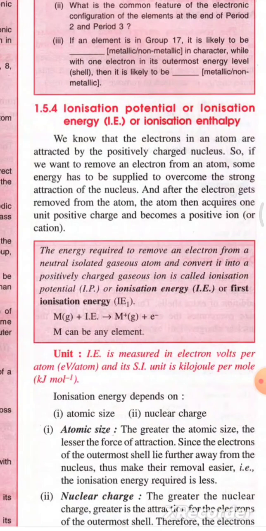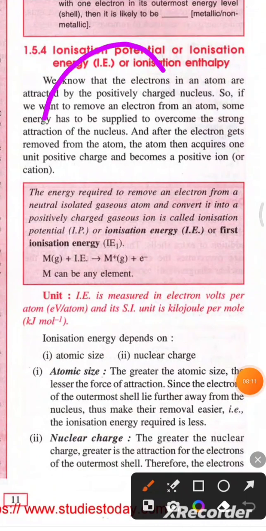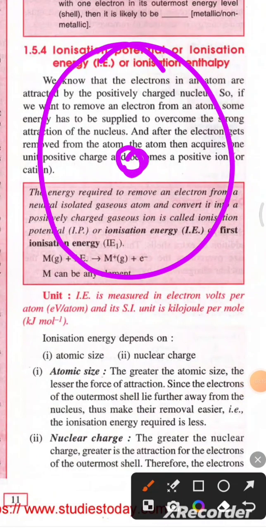Okay. So let us see how it depends on atomic size and nuclear charge. The greater the atomic size, the lesser the force of attraction, since the electrons of the outermost shell lie further away from the nucleus, which makes their removal easier. Suppose this is one nucleus, one atom, for example.